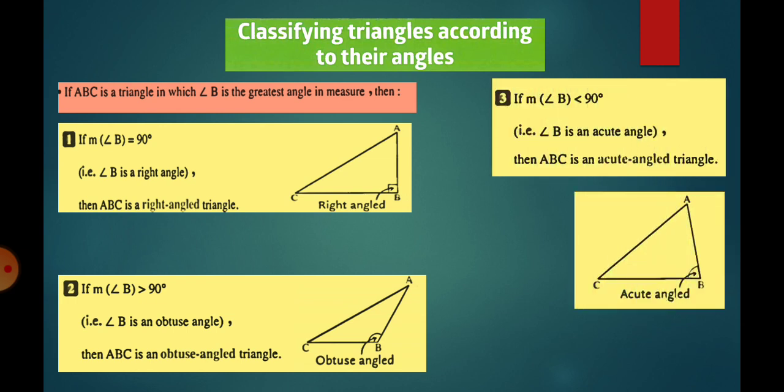Number 3: if the measure of B is less than 90 degrees, the measure of A is less than 90 and the measure of C is less than 90 degrees, then ABC is an acute angled triangle.